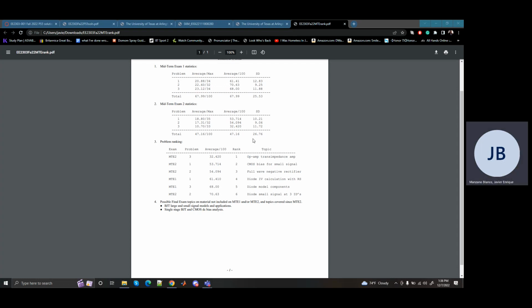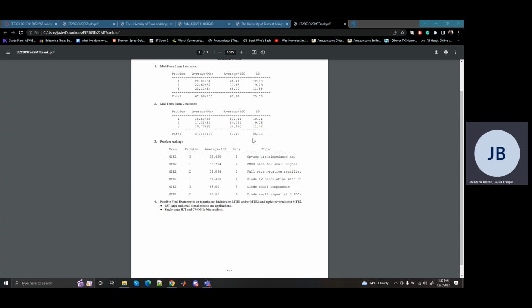So what I need to do is shift the zero of my amplifier. I bias it up. I give it a bias so that now it sits halfway between VDD and ground.